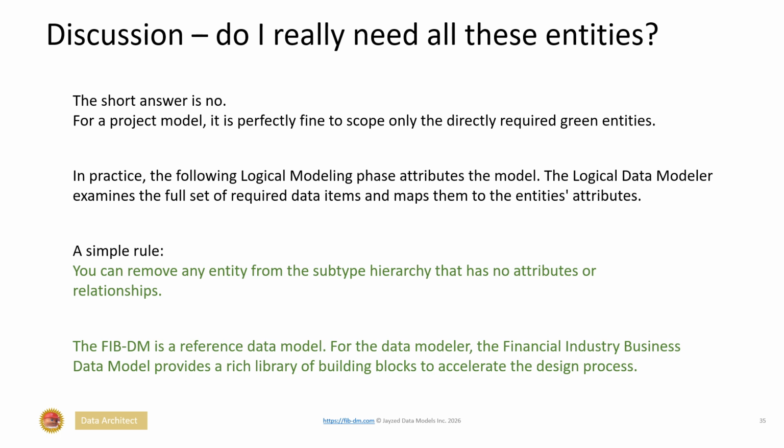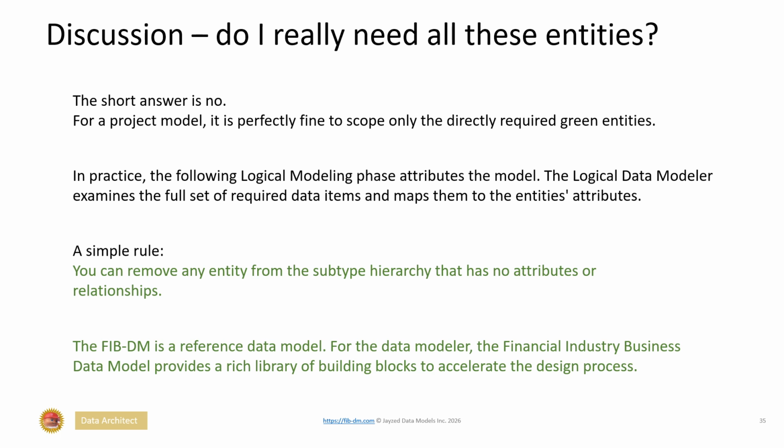And in practice, after you cut your model, in the logical data modeling phase, you add attributes to it from your source system feeds. And then as a logical data modeler, you examine the full set of required data items, and you map them to the entity attributes.